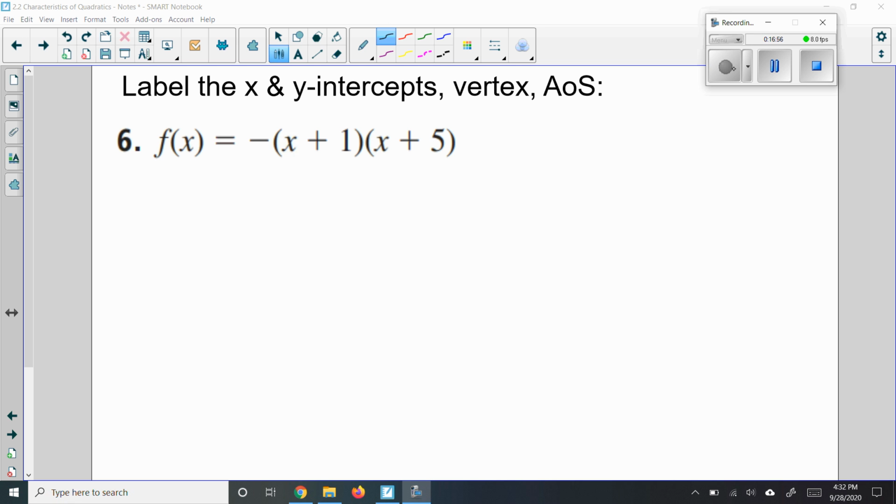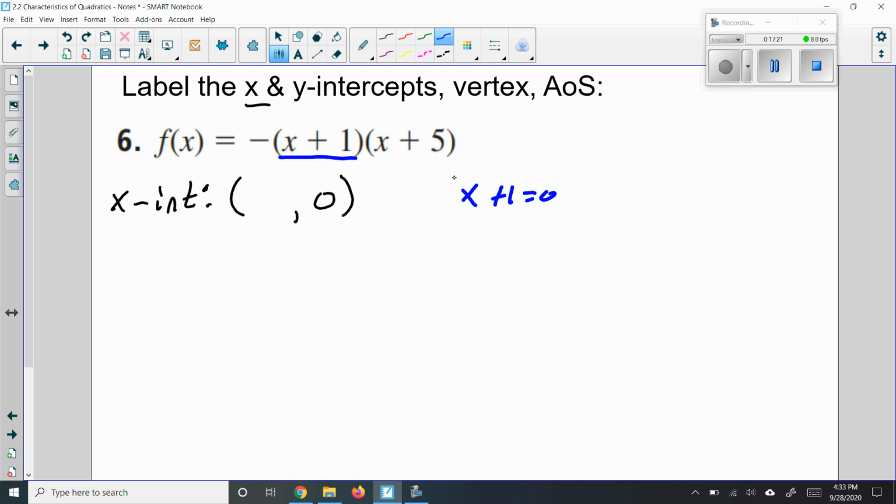Okay, so first let's label the x and y intercepts. Well, to find the x-intercept, that's when y is 0. So if y is 0, that means either x plus 1 equals 0, or x plus 5 equals 0.